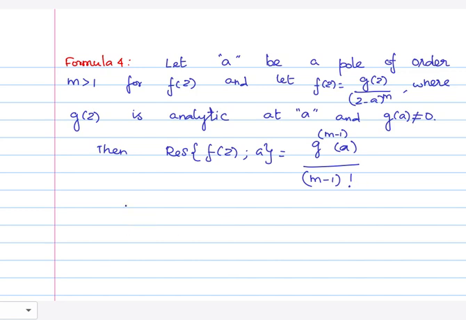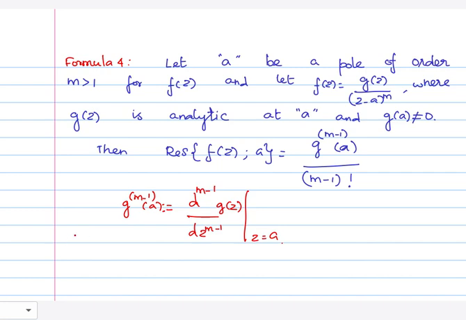Here g m minus 1 of a means the derivative of m minus 1 times of g of z at z is equal to a. This is how we define it.